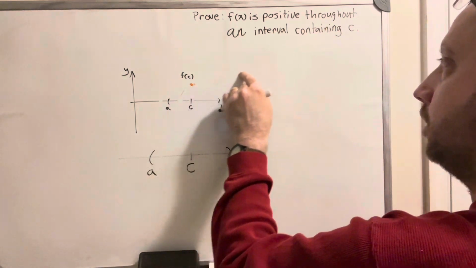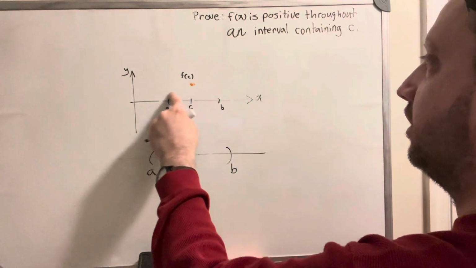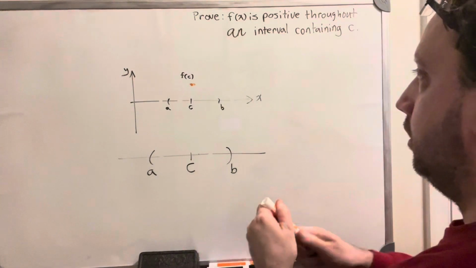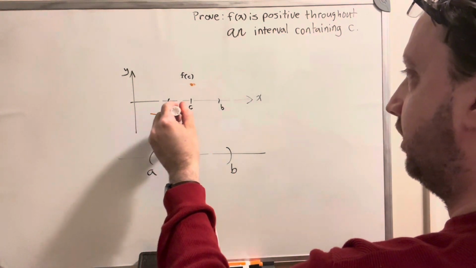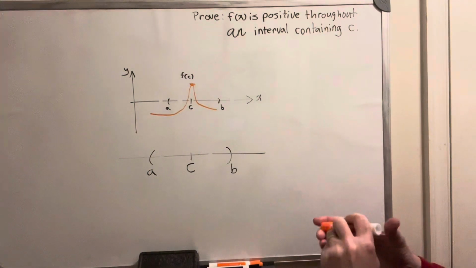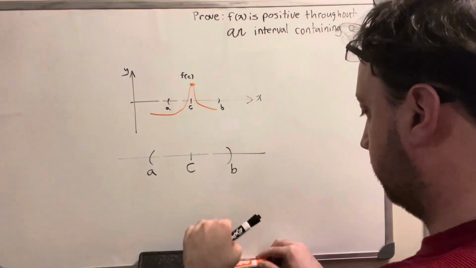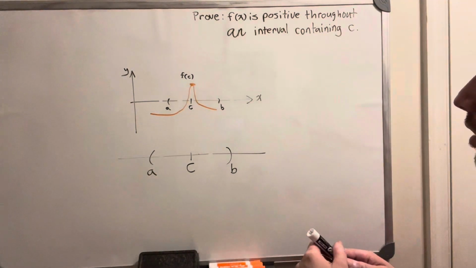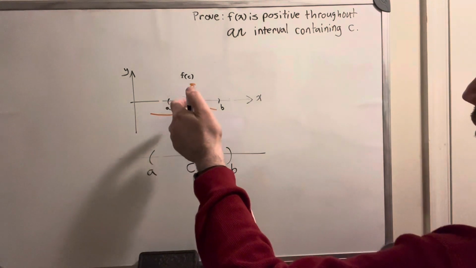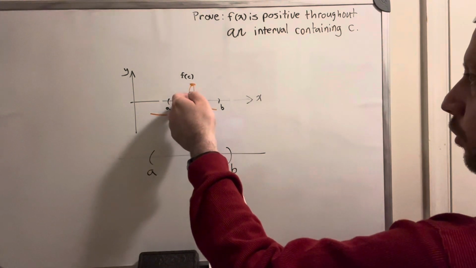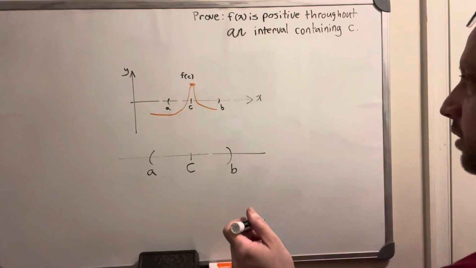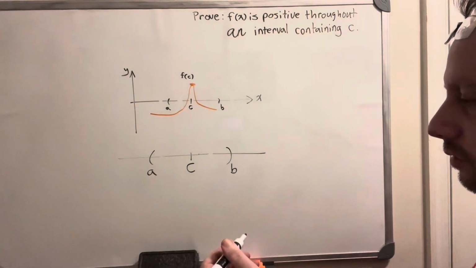What about if f of x looked like this? It's much less of an interval, but is there an interval over which this function is positive for every value in that interval?